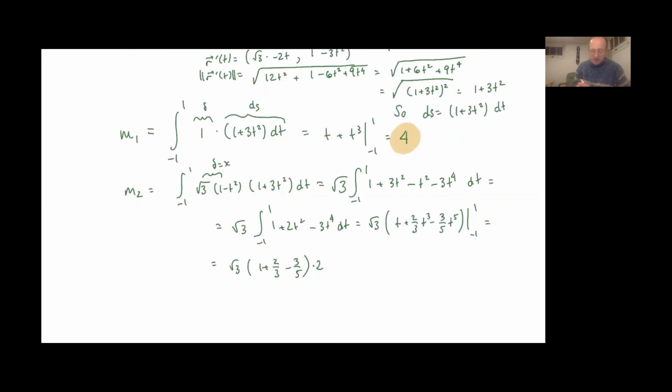We'll put it on a common denominator of 15. We have 15 plus 10/15 minus 9/15. So 16/15 times 2, 32/15 root 3. Okay, that's the mass of this wire if it has the density given by x.